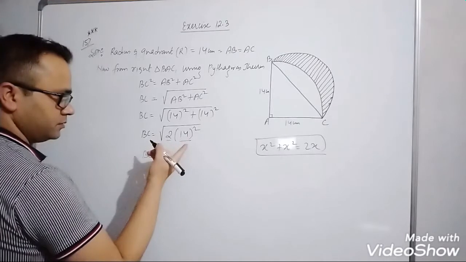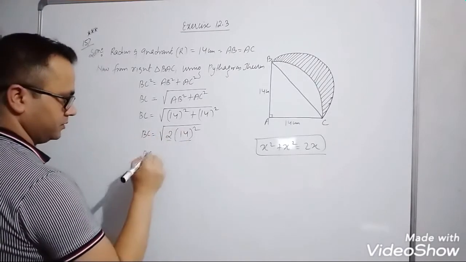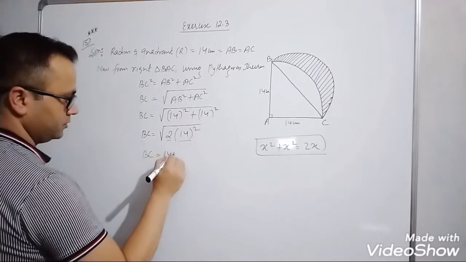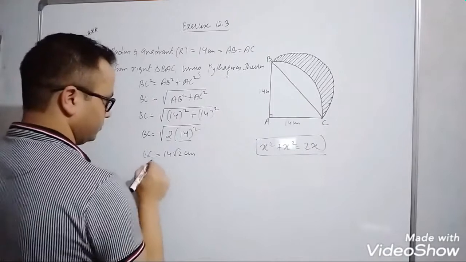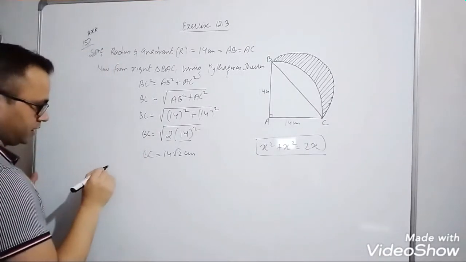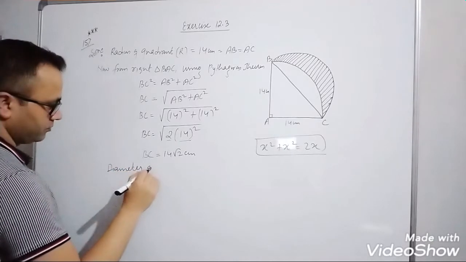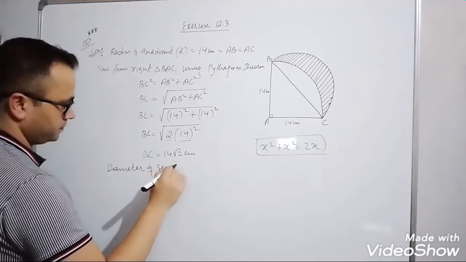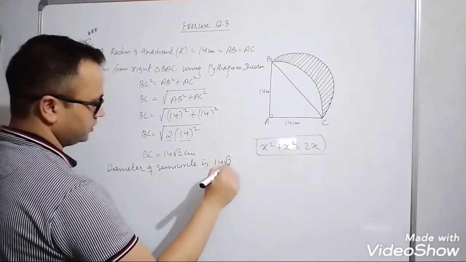So we can take out 14 from the root because of square. So this equals to 14 root under 2 centimeter. So diameter of semicircle is 14 root under 2 centimeter.